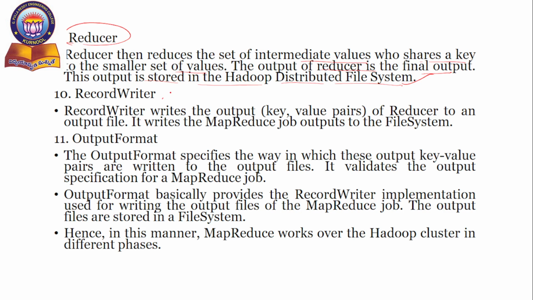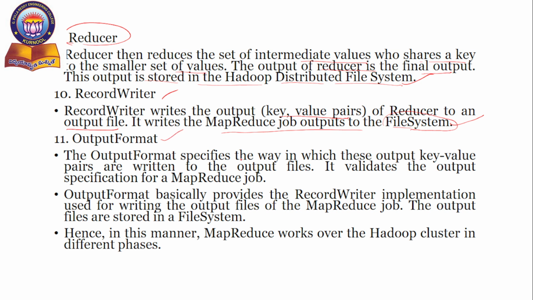Now the next thing is the record writer. The record writer writes the reducer's output, in the form of key-value pairs, to an output file. It writes the MapReduce job outputs to the file system. This is where the user can see their output, and it depends on the output format.